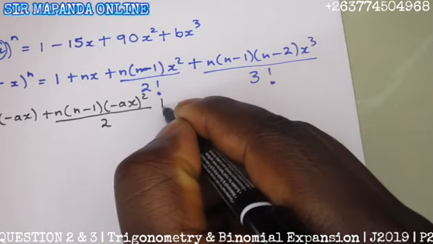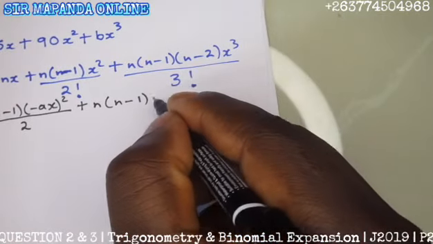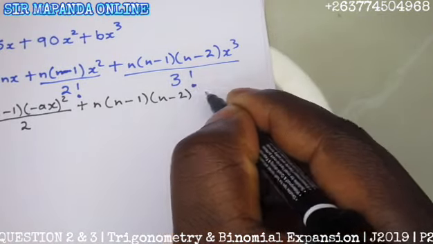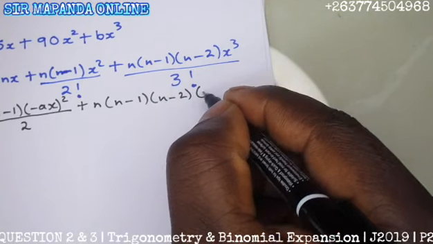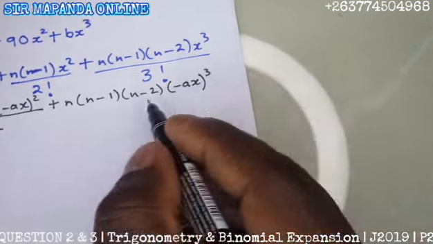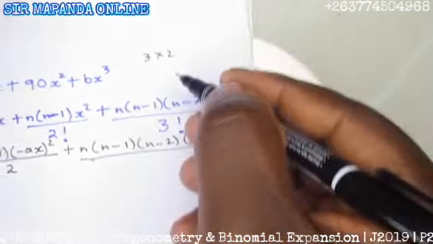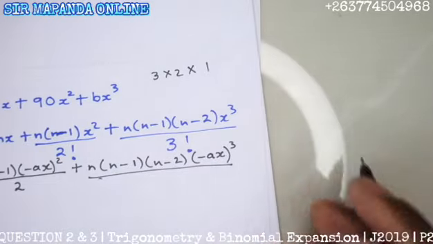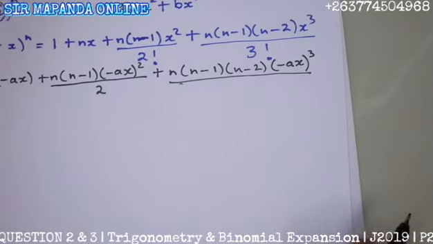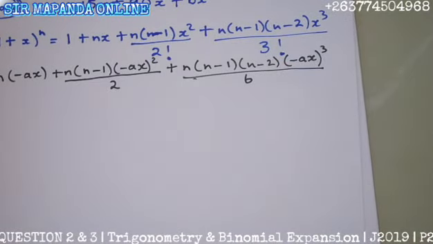We proceed. Plus n open bracket n minus 1, n minus 2, then on x you put minus ax, so you write minus ax to the power of 3. Then 3 factorial means 3 times 2 times 1. So 3 times 2, you get 6 times 1, it's 6. So you write it like this.